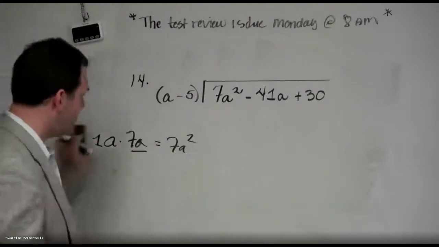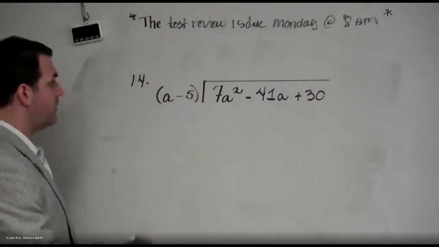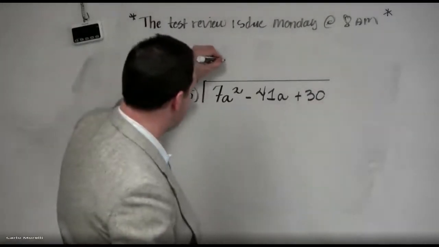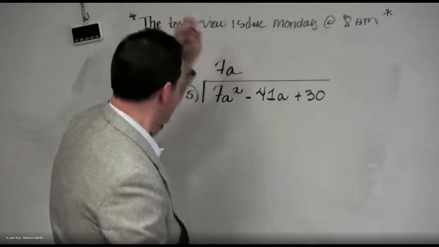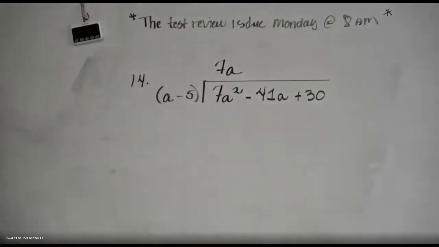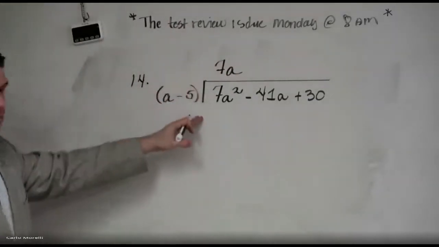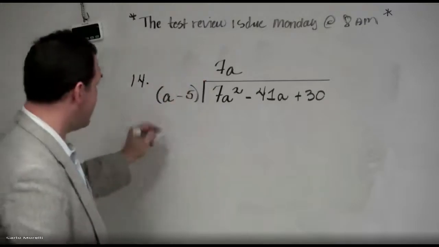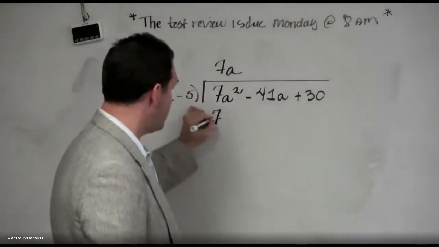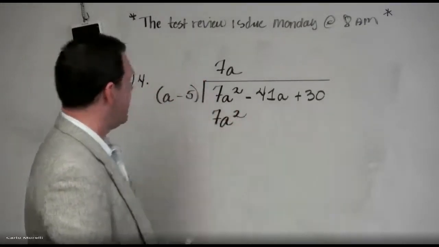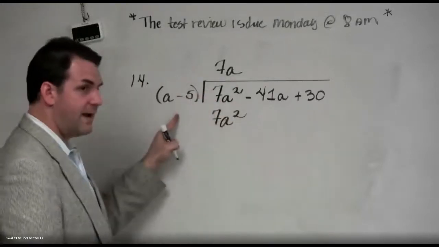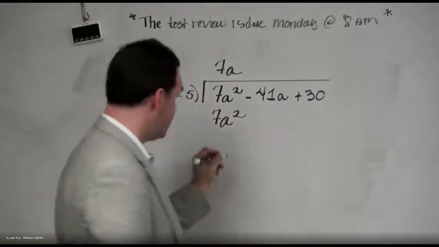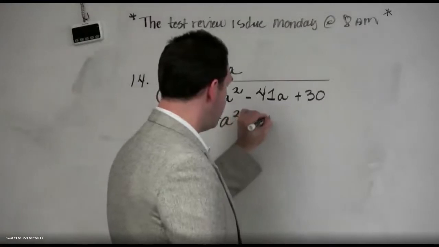So 7a squared. So my first term here is going to be 7a. Now I distribute 7a through the parentheses. So 7a times a, we already know it's going to be 7a squared. 7a times negative 5, negative 35a. So put minus 35a.